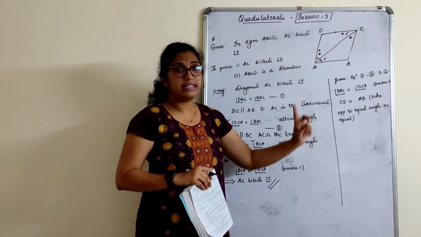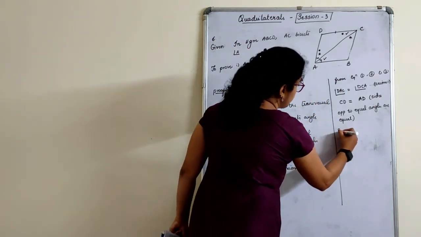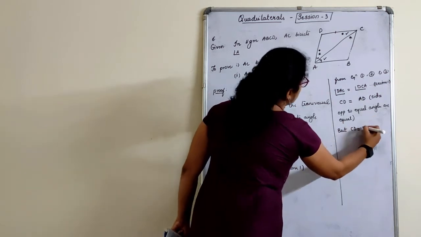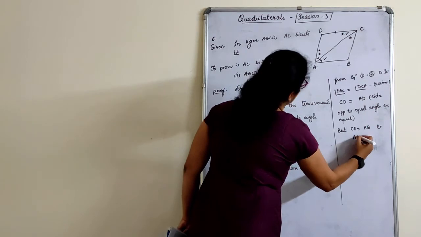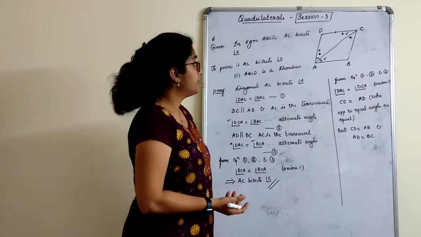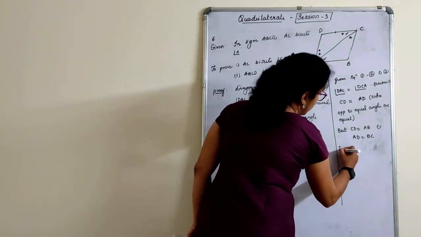Now, did we prove that adjacent sides are equal? Yes. But CD is equal to AB and AD is equal to BC. Right? Why? Because it is a parallelogram. Opposite sides are equal.